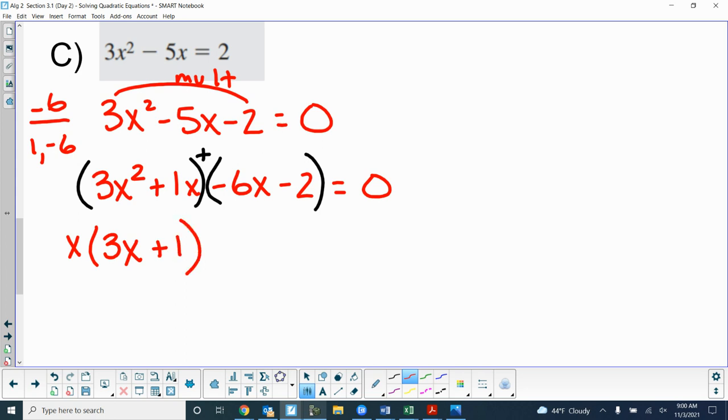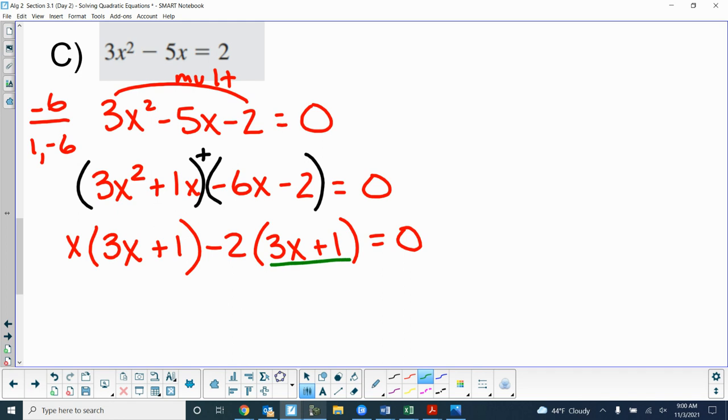Now, when that negative's there in front of that third term in that group, we always pull the negative out. Okay? What else goes into 6 and 2? 2. And what's negative 6x divided by negative 2? Positive 6, right? What's a negative 2 divided by a negative 2? Positive 1.